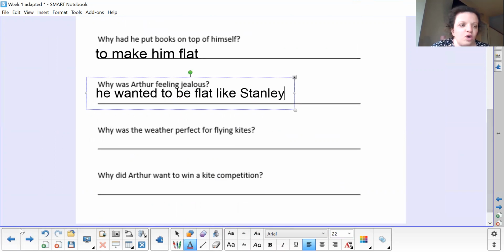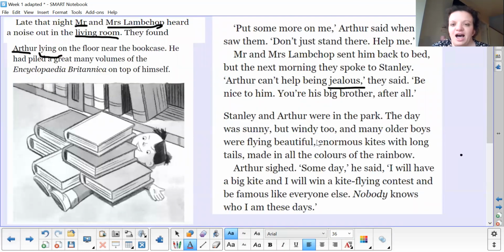Okay, next one. Why was the weather perfect for flying kites? What was it about the weather that made it perfect for flying kites? Remember, a kite is a piece of material on a string that needs to go in the air to move around. What was perfect about the weather? Okay, well done.